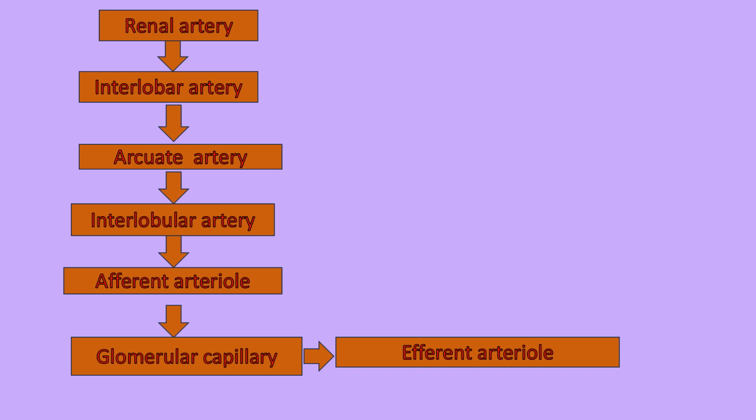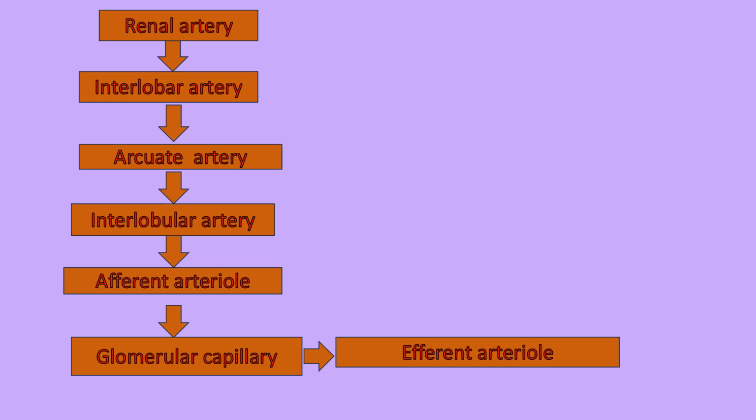small efferent arteriole. Only in the kidney, the capillary network drains into an arteriole, the efferent arteriole. All other capillary networks drain into the venule. Here only it drains into the efferent arteriole.